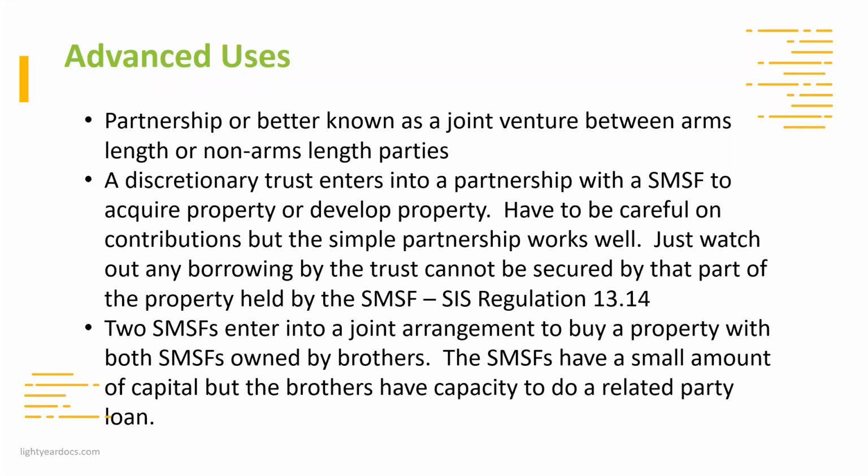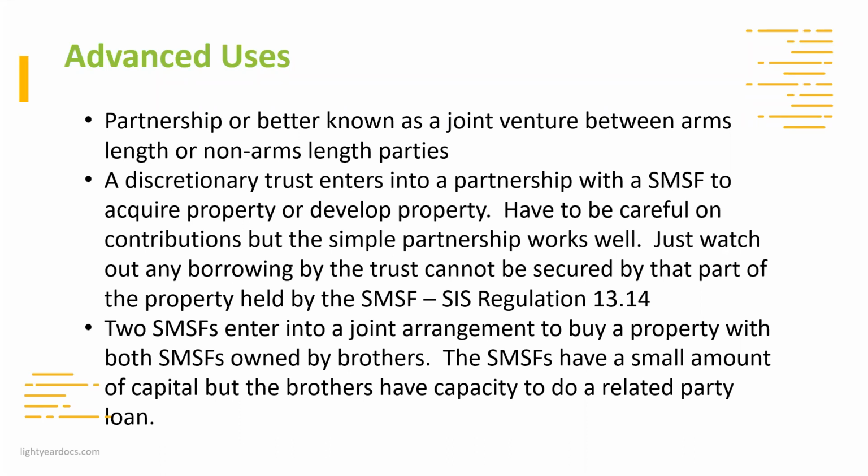For example, you may have a property which is owned by the SMSF, and then on top of that, we're building sheds or farms or whatever, and that might be funded by the discretionary trust.